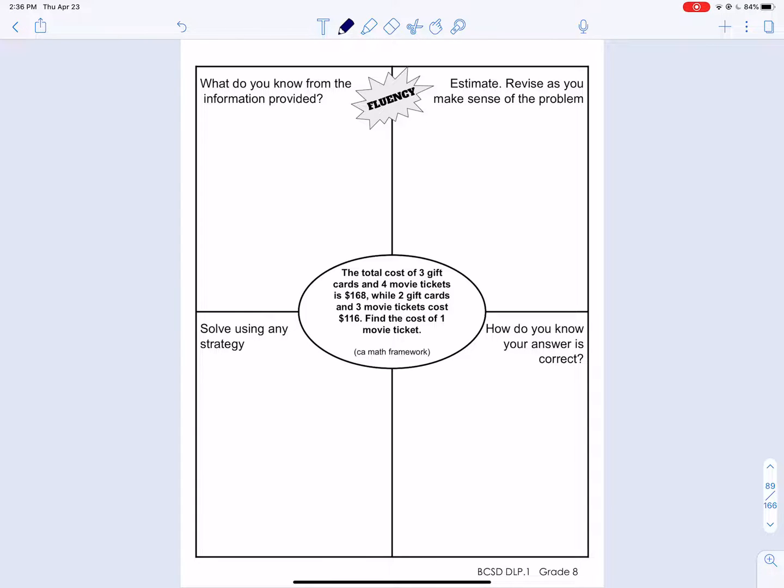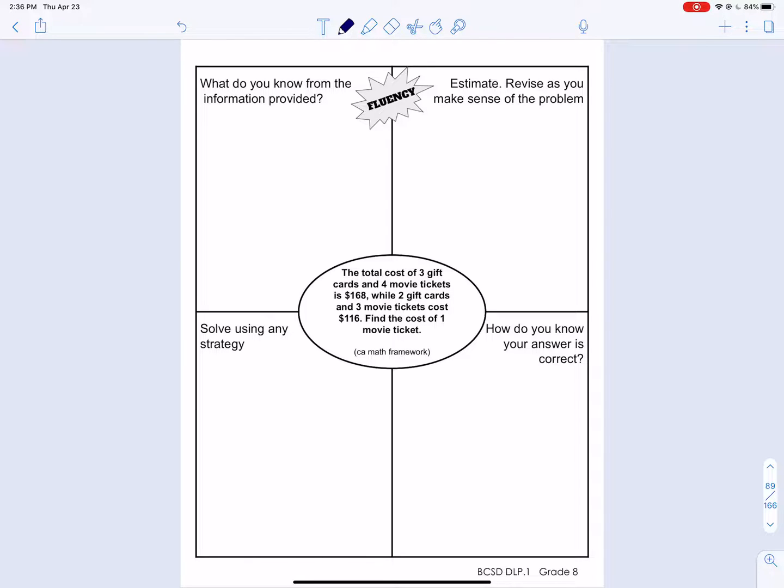So we can use a system of equations. That's the first thing that I think of. But if we don't want to solve this using equations, let's just reason it out. So I'm going to draw this.